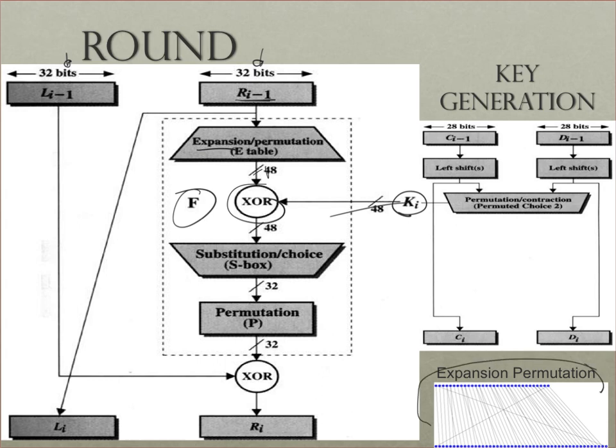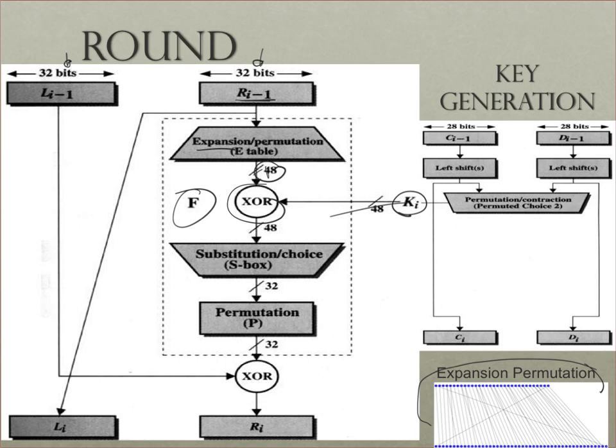So from a certain size, we get a bigger size, which means that a bit might be permuted to multiple bits, to 2 bits or 3 bits or something like that. Okay? So we can perform this in a reverse direction easily. So from 32 we get 48. We XOR 48 with 48, so that's normal. And then we do a substitution with contraction.